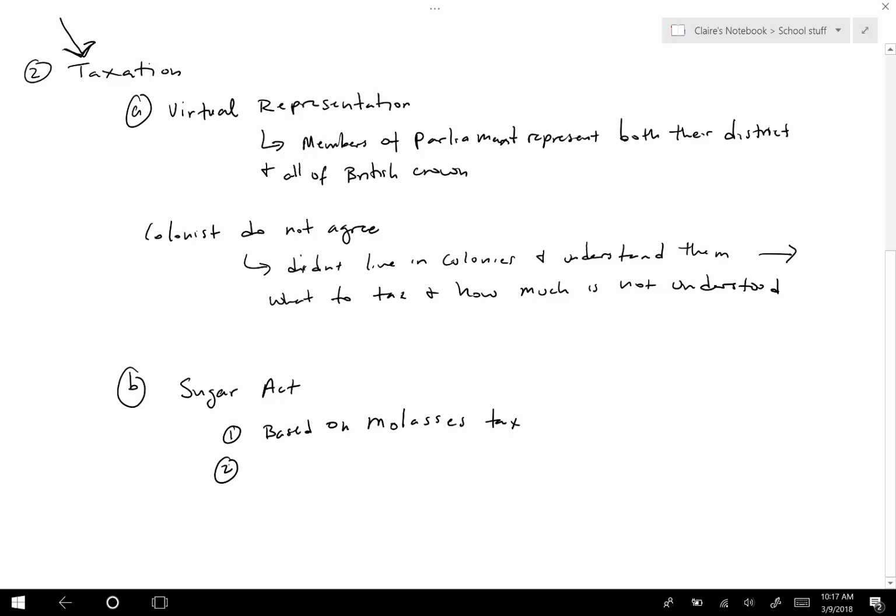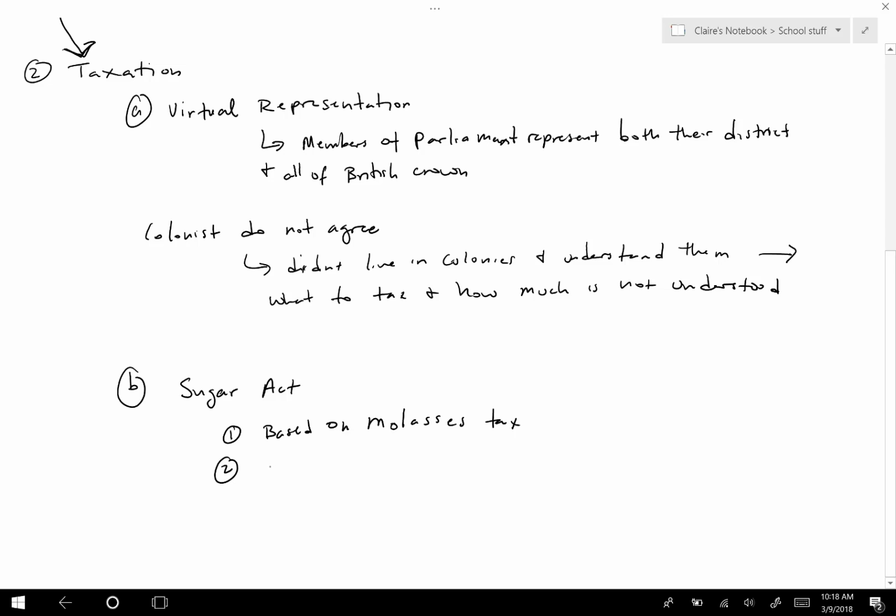So you had these different components of getting something from Britain. Let's see, we'll look at how it was. Try to show this.